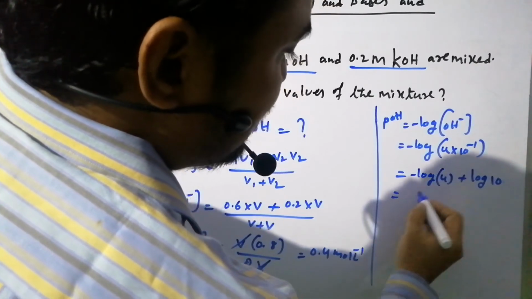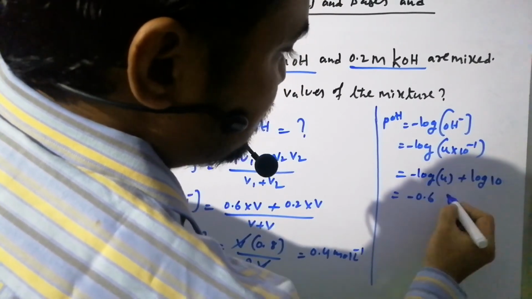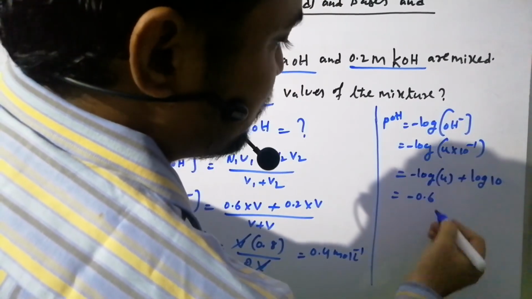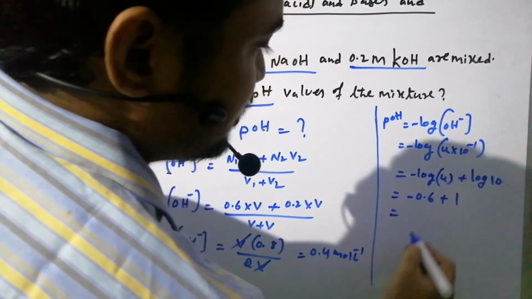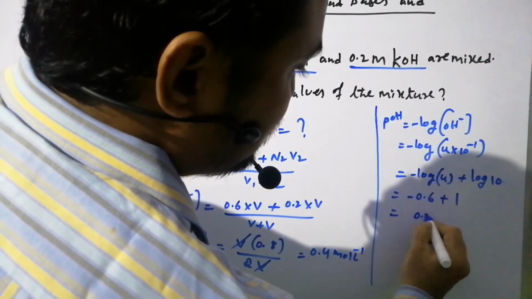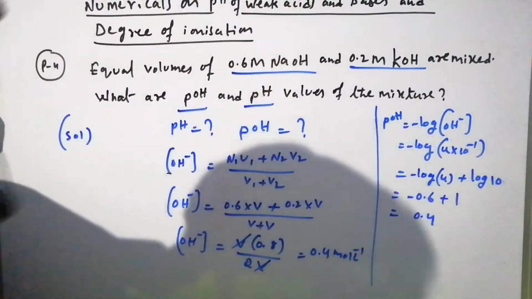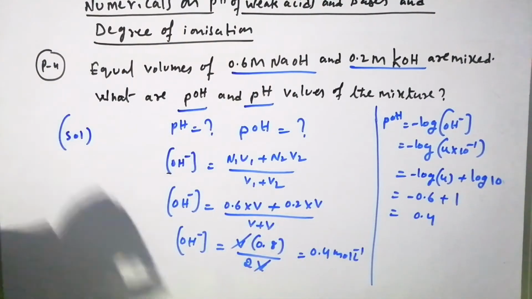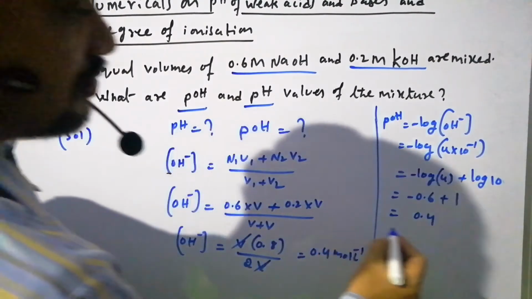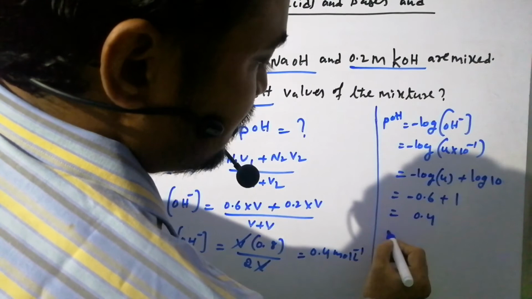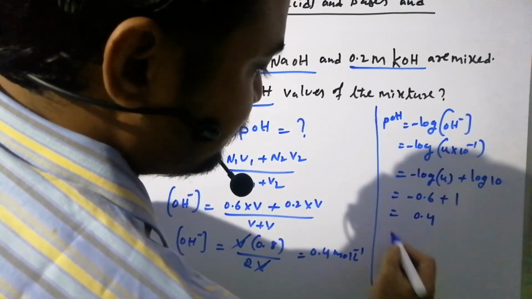That implies log 4 is 0.6020, like 0.6, so minus 0.6 plus 1. Totally pOH is equal to 0.4. This is the pOH.